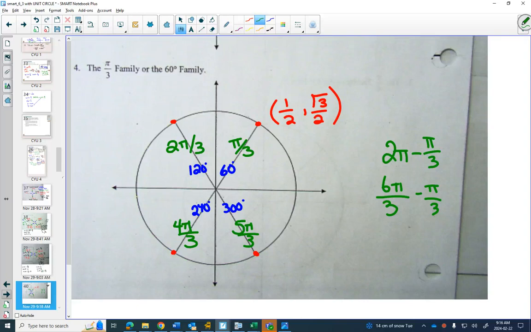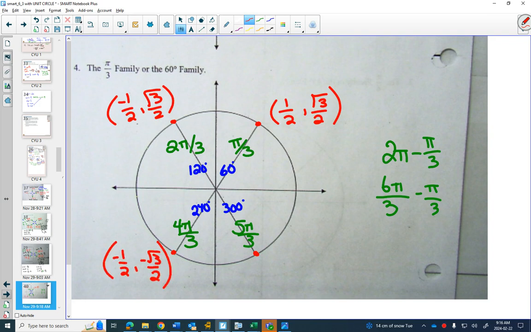So checking your coordinates. Did you get negative 1/2, root 3 over 2? Negative 1/2, negative root 3 over 2. And positive 1/2, negative root 3 over 2.